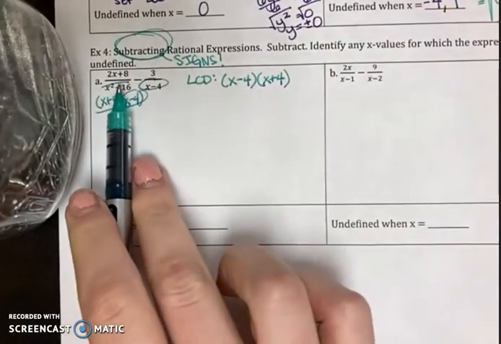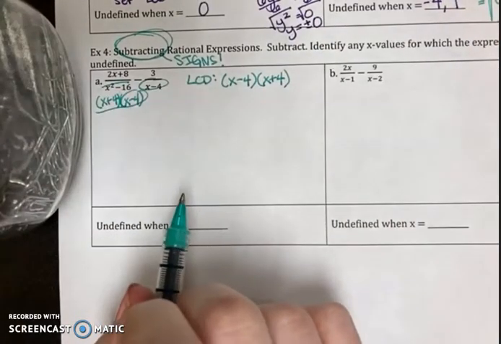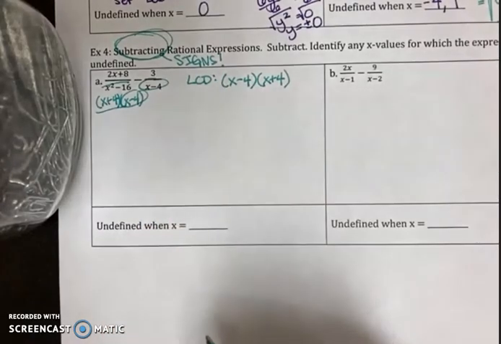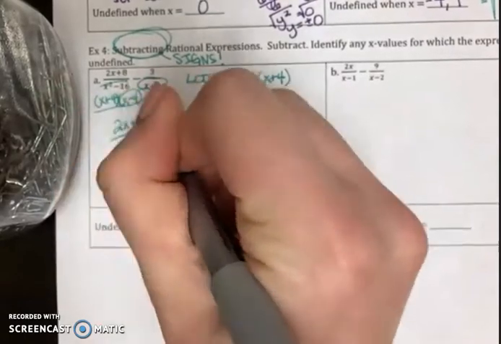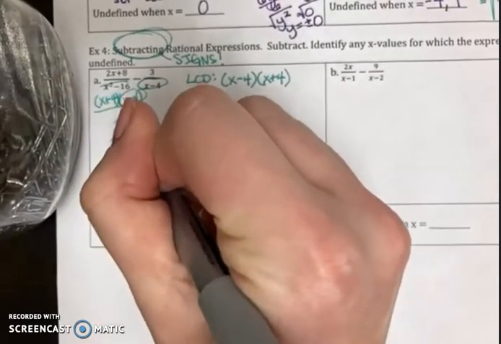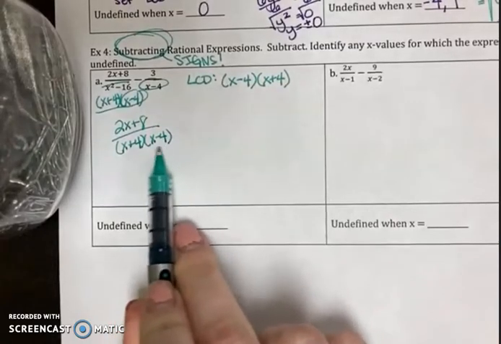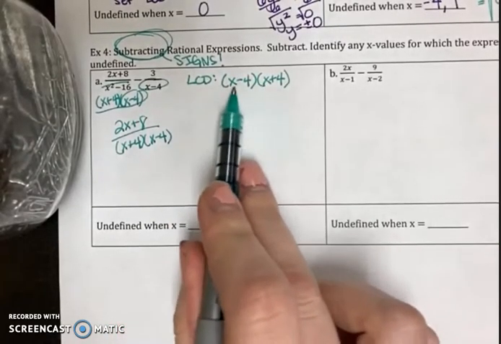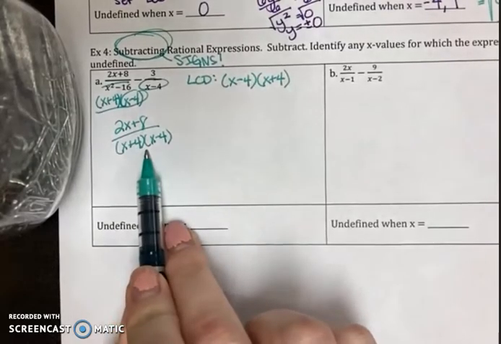So we're going to have to multiply one or both terms by a ratio equivalent to 1 so that they can have the same denominator. If we start off with the 2x plus 8 over x plus 4, x minus 4, this already has both of the binomials from the least common denominator, so I don't have to multiply this by anything.